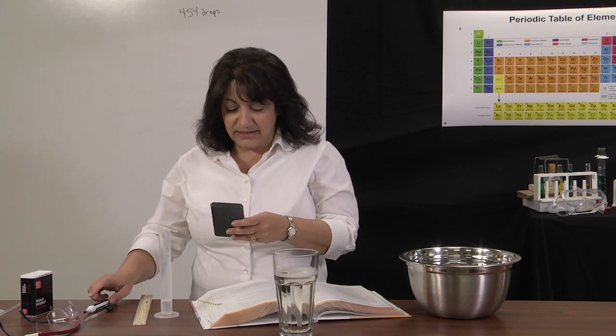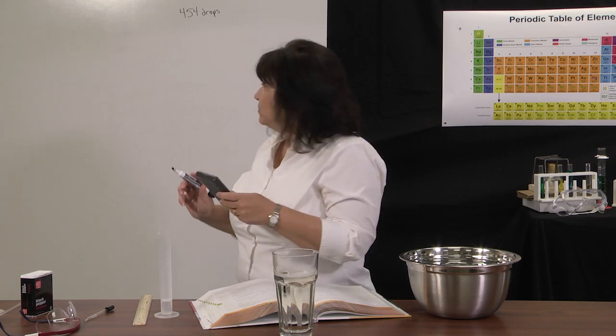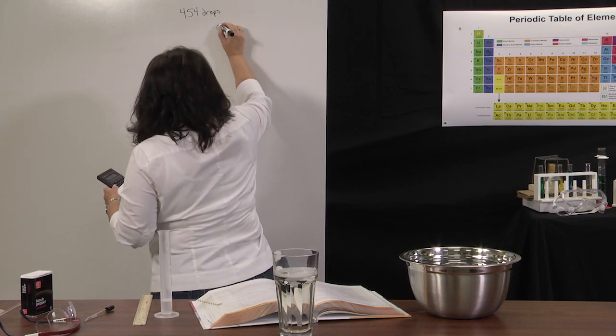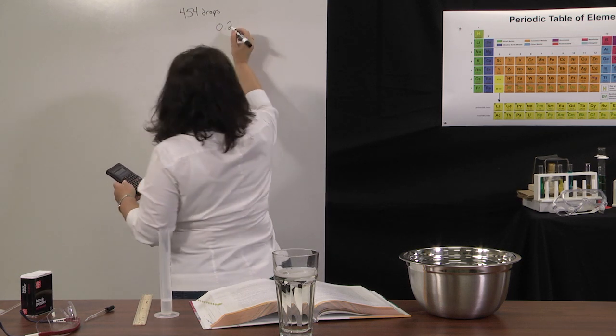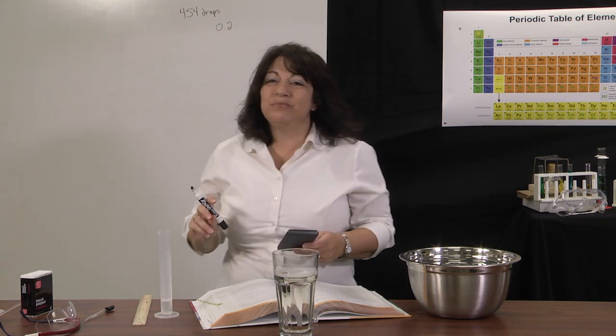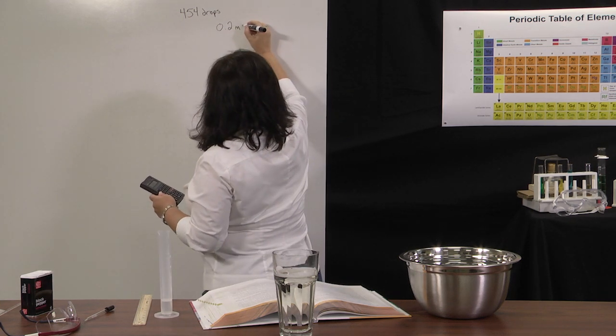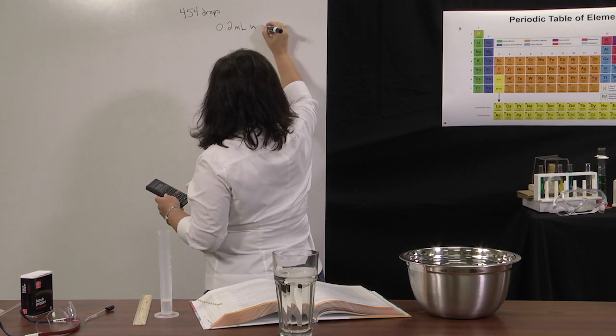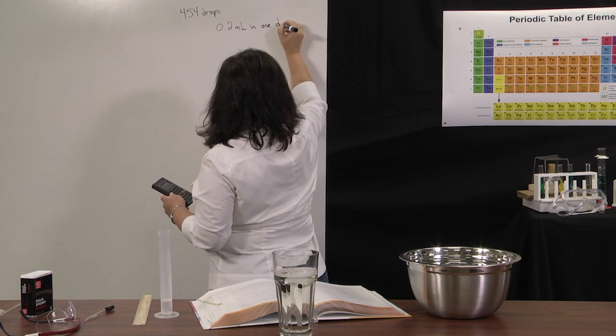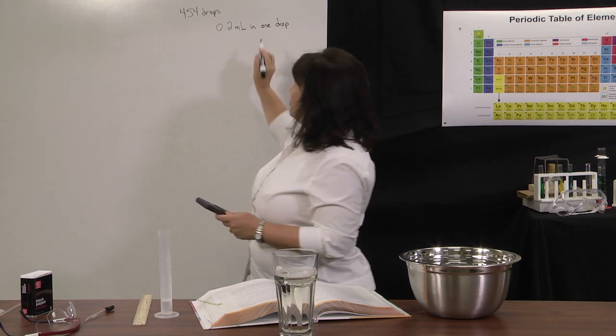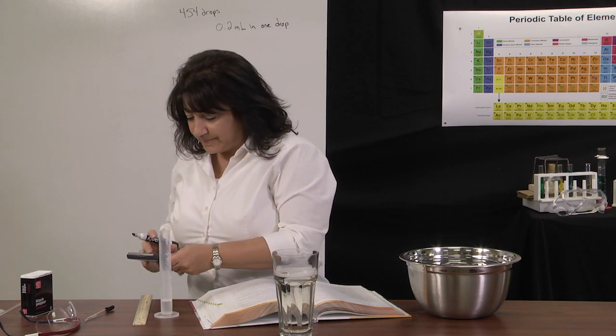And I get 0.22, which really I have to round to 0.2 because I have a 10.0 milliliter measurement. Okay, so 0.2 milliliters are in a single drop of our solution.